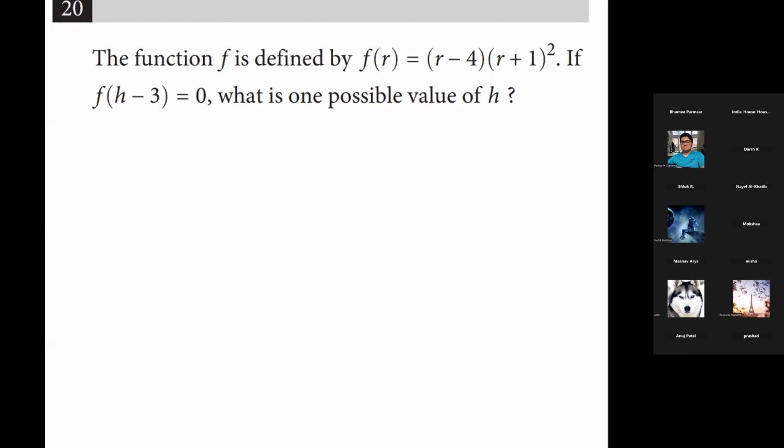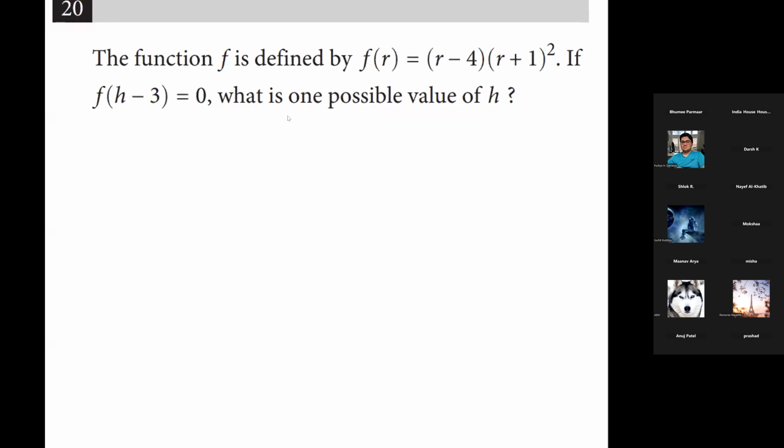Okay, so for question 20, we're told that function f is defined by f of r equals r minus 4 times r plus 1 squared. If f of h minus 3 equals 0, what is one possible value of h? Well, h minus 3 is equal to r, and basically this is asking if f of r is equal to 0, what is one possible value of h?